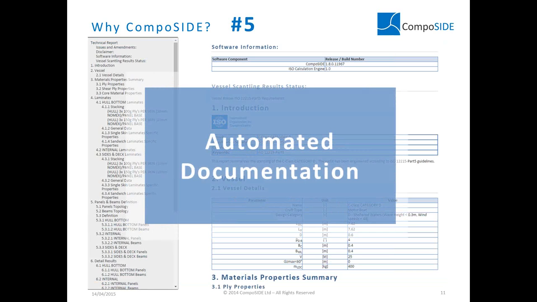The fifth element is automated documentation. It's quite important and in many cases quite cumbersome and time-consuming. In this case we have a quite optimized and efficient module which allows all teams to produce documents and share documents between each other.